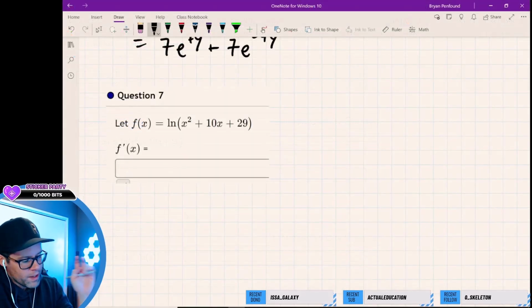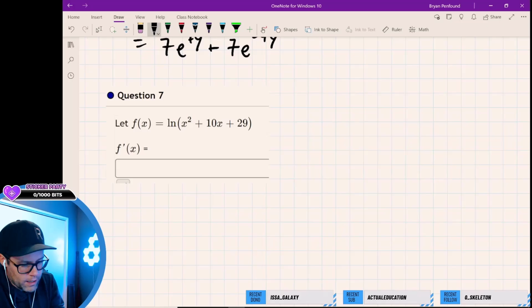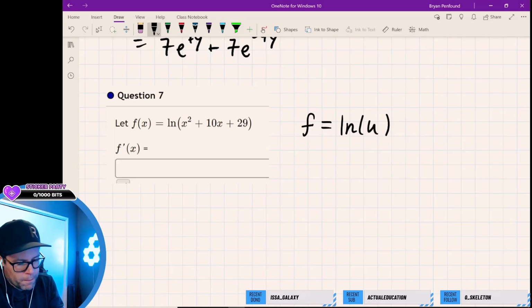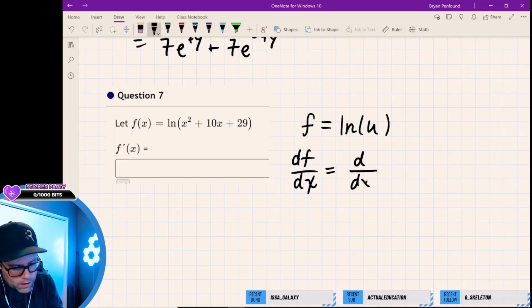One thing that's helpful to talk about here is if I have a function that is a logarithm of something, then when I take the derivative of f with respect to x, we're taking the derivative of this logarithm with respect to x.